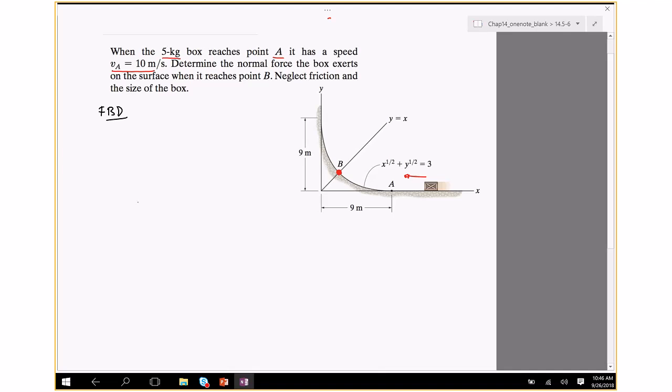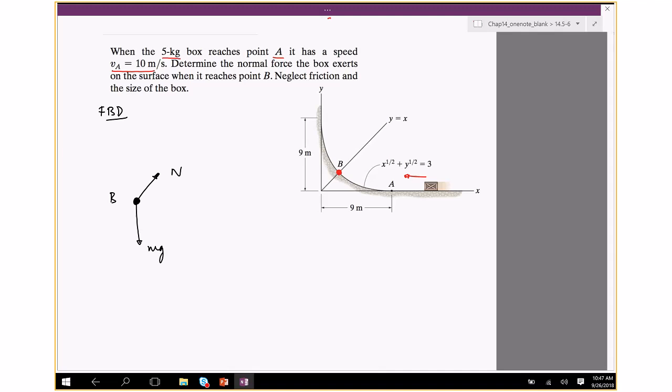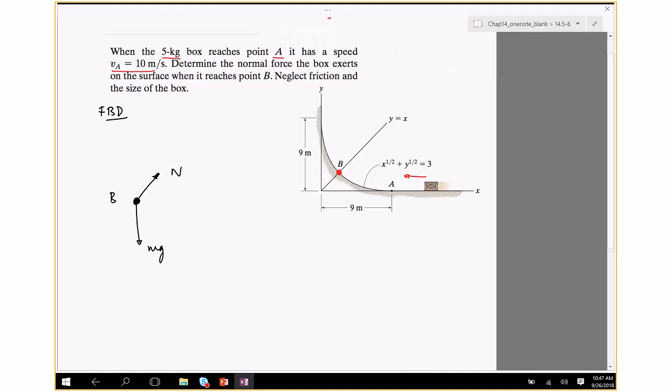So draw a free body diagram of the particle at point B. Normal force, mg, and there's no friction, so that's about it. In this case, since you're given the coordinates of the curve in x, y, I would only recommend using NT coordinates. Do not use anything else.